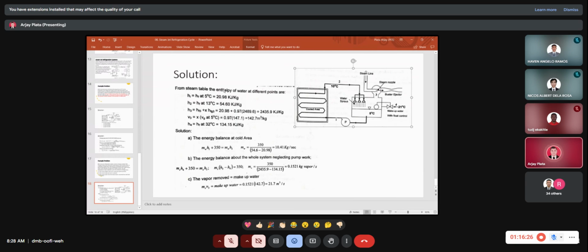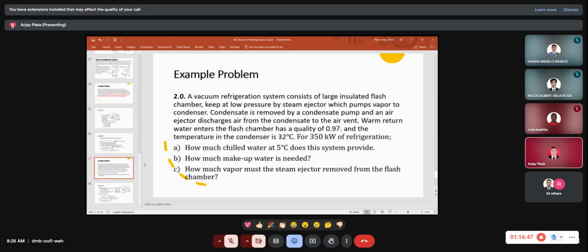So from the steam table, the enthalpy of water at the different points are: H1 equals HF at 5 degrees, and then H2 is HF at 13 degrees. May sinabi bang 13 sa problem?